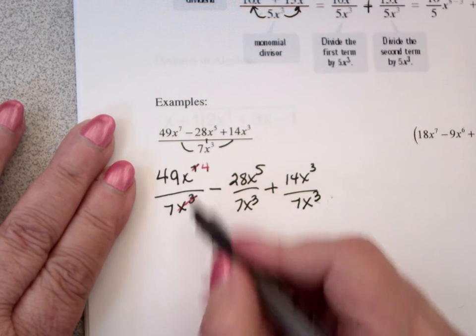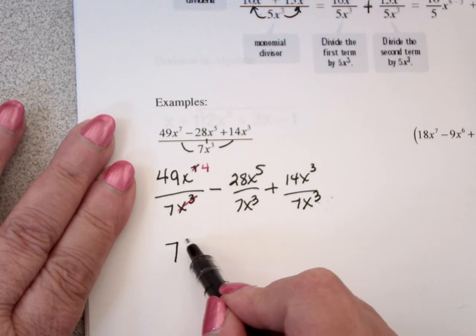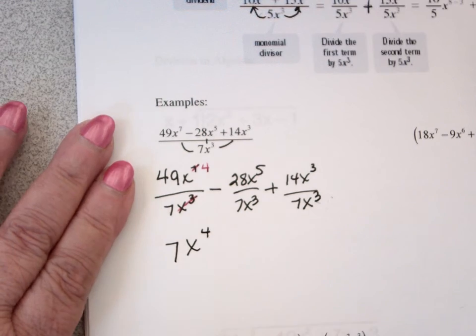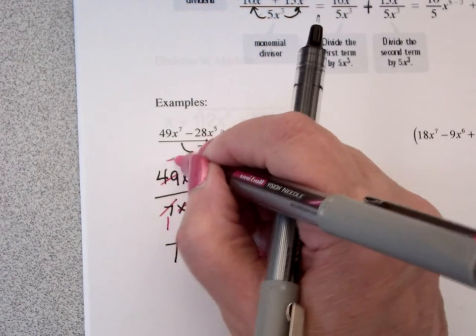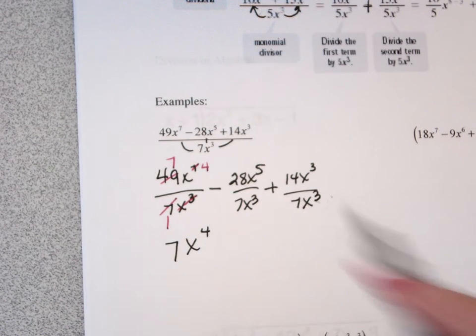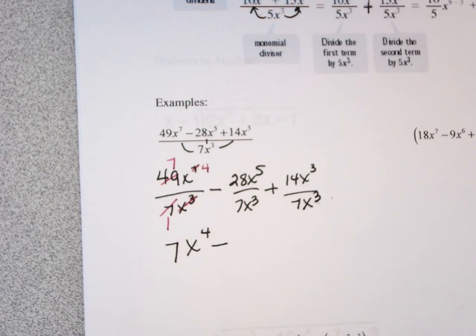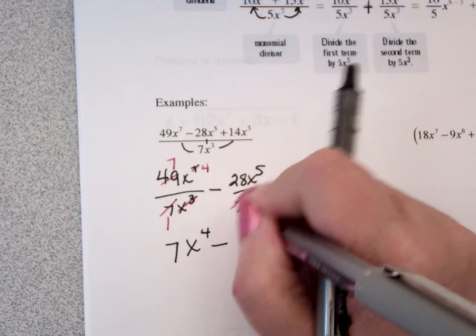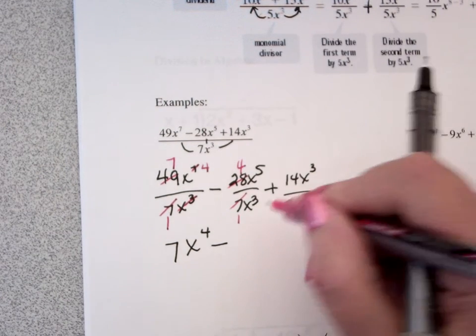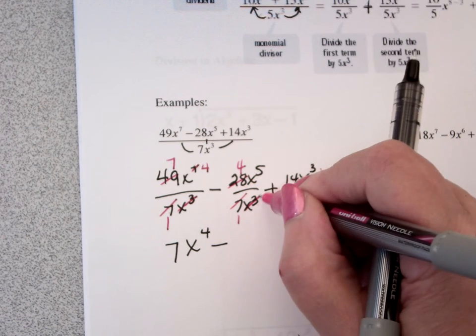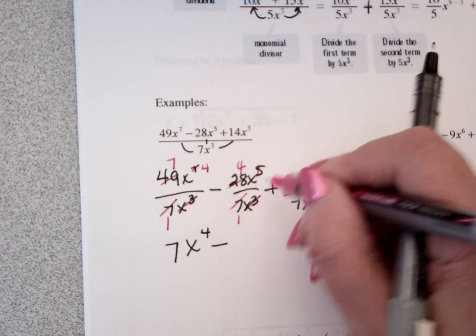So 7 divides 49 7 times, x to the 4th. Minus, 7 divides 28 4 times. And I have 3 in the denominator, I have 5 in the numerator.